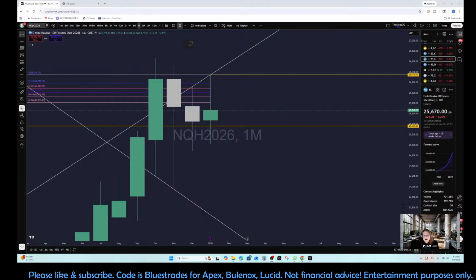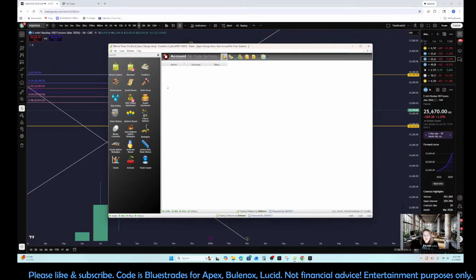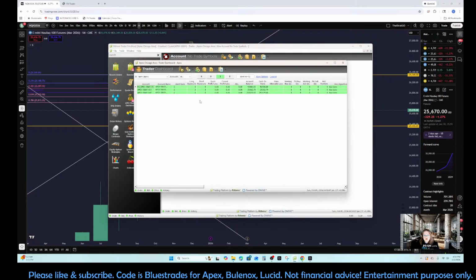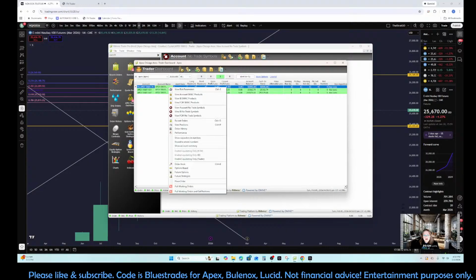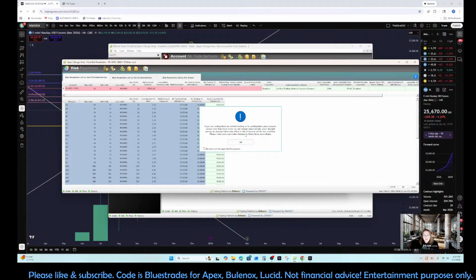I do have on my 50K Rhythmic account all the minis blocked, so I can only do micros. I was going to show you guys that. What you can do is go in here to your trader dashboard on Rhythmic Trader Pro, click on the account and view risk parameters.